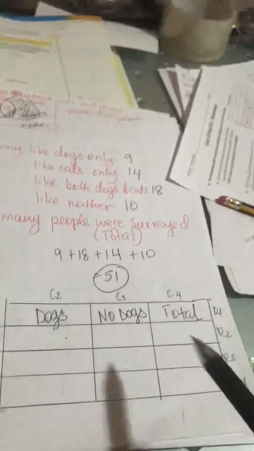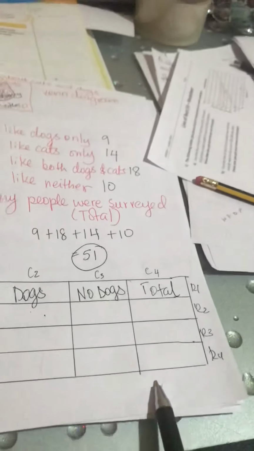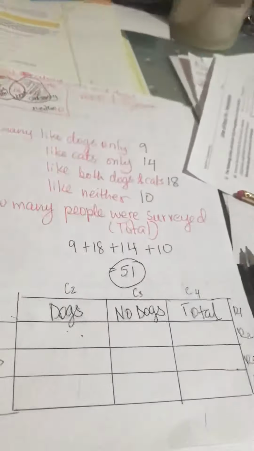Now, total for everything is where the two totals meet. The number you get after you add everybody goes here because it's the adding of both totals. So where this total and this total meet, this is all. Put all here.